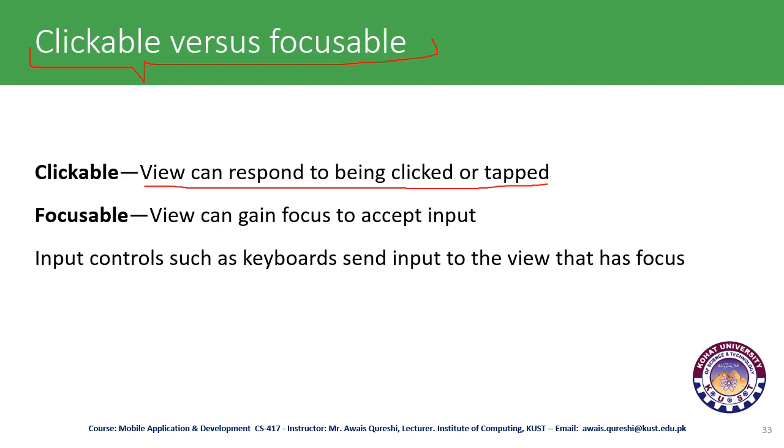So these two events look very similar, but they are actually different. Input controls such as keyboards send input to the view that has focus. So when we are interacting with input controls, the keyboard sends that input to the view that has focus.